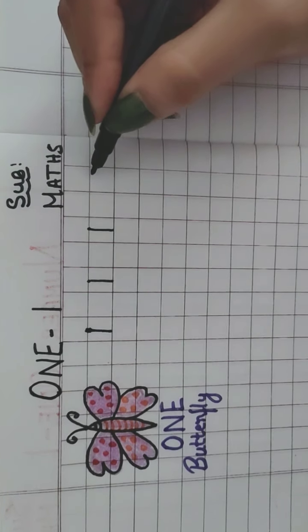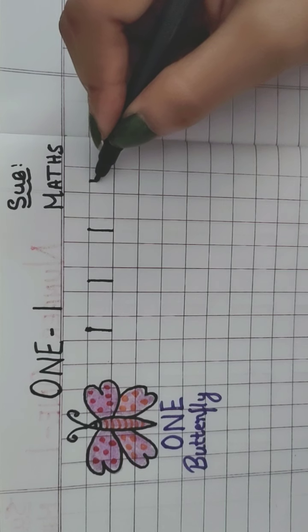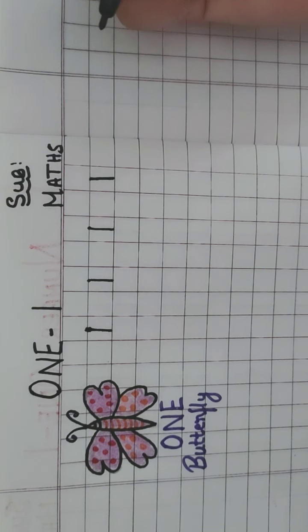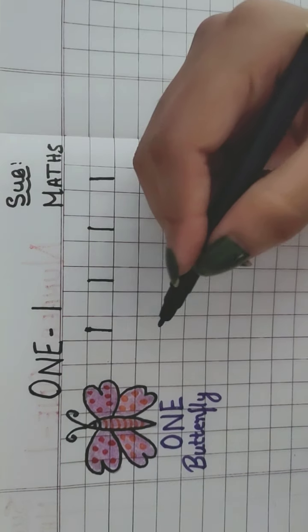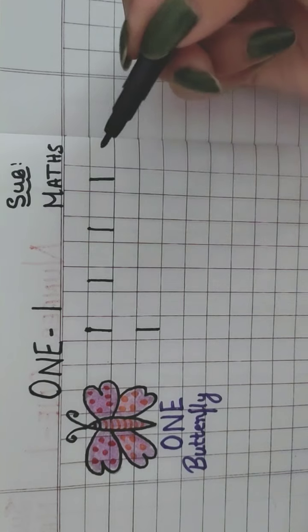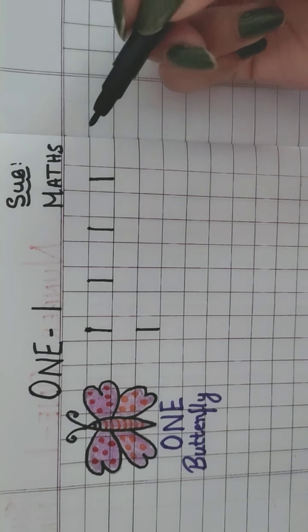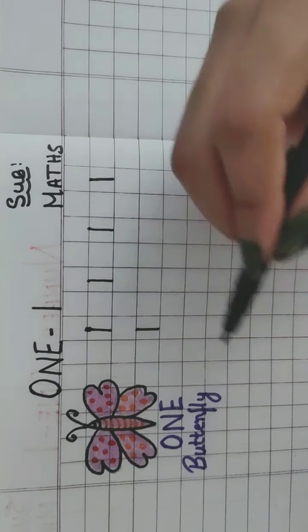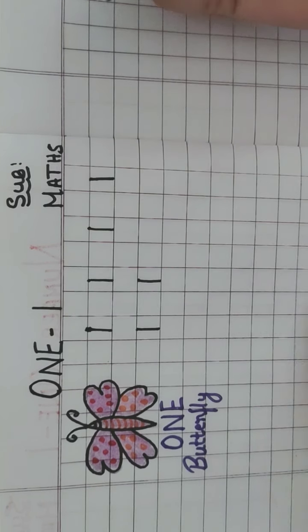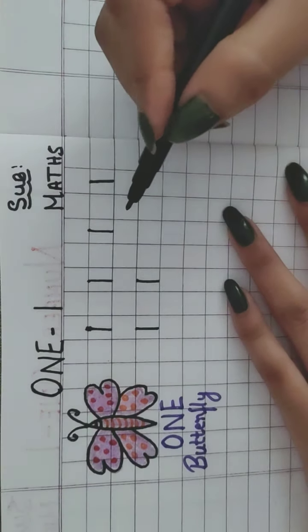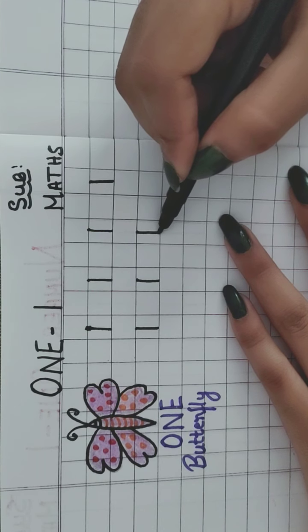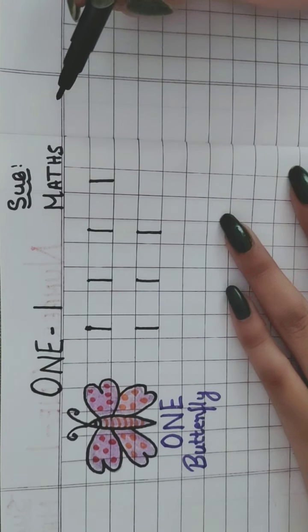Again, standing line. 1. Good. Again, standing line. 1. You have to repeat with me, okay? Again, standing line. 1.